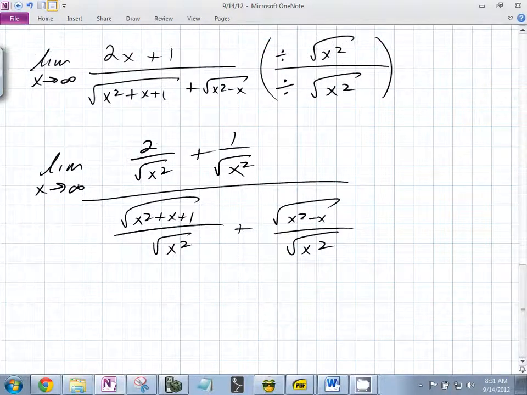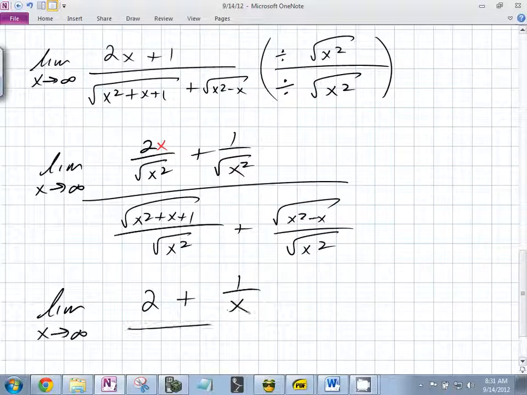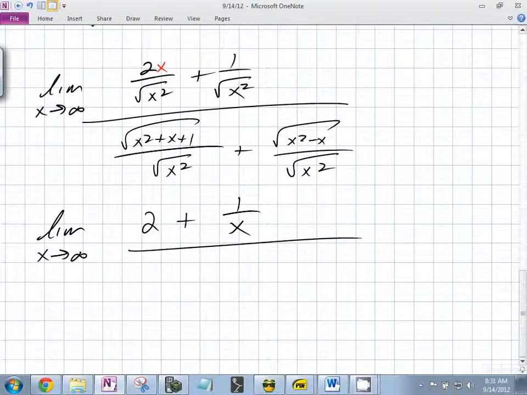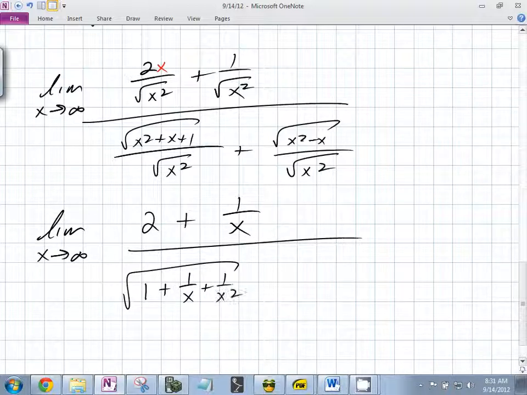And there's an x right here. So what does the numerator become? What does it simplify to? 2 plus 1 over x. And what does the denominator come out to be? The square root of 1 plus 1 over x plus 1 over x squared, plus the square root of what? 1 minus 1 over x.